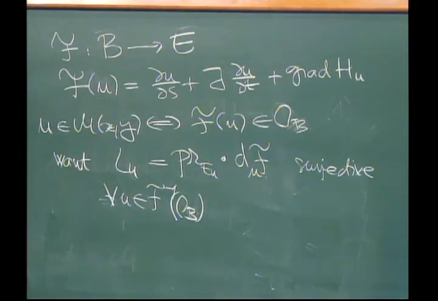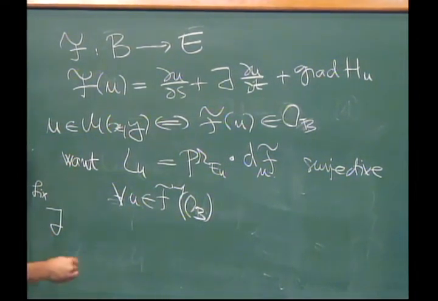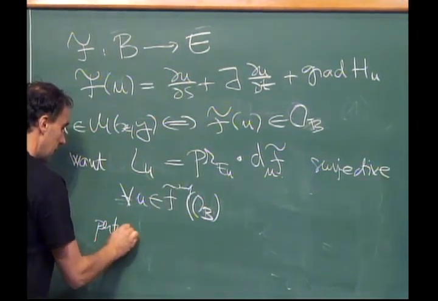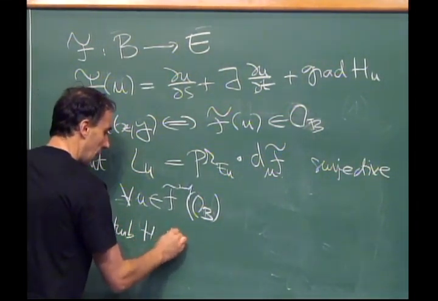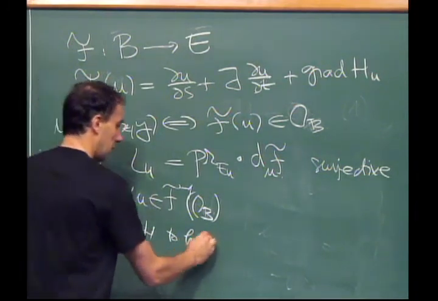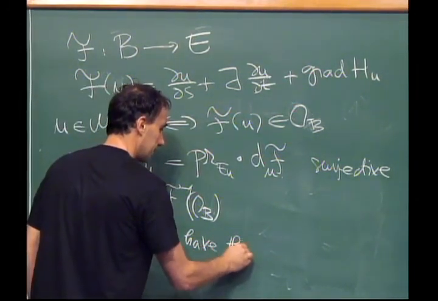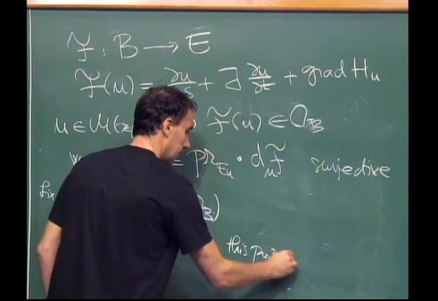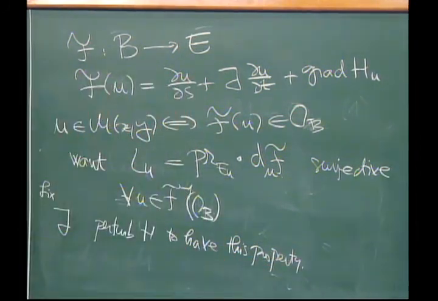Okay? So if I have it, it's good. If I do not have it, what I want to do is to fix J, which is the almost complex structure, and then perturb H to have this property. And so to have this manifold structure.